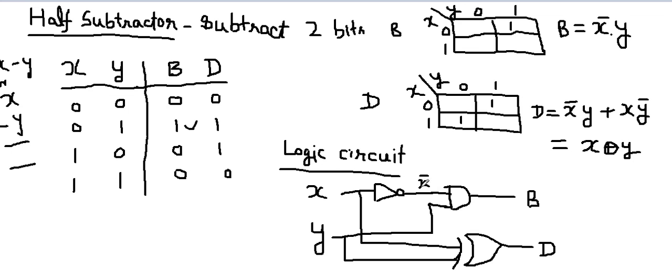So here we have x complement, here we have y, so it will be x complement dot y, and for this difference we have x XOR y, because x is here and y is here. So we have x XOR y.